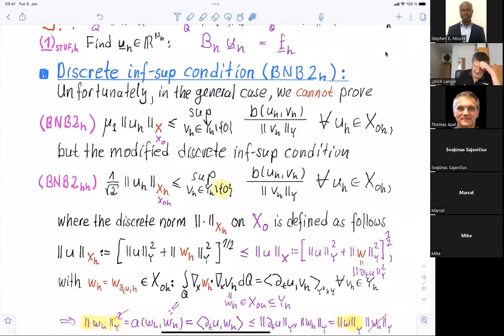So we replaced this norm by this norm. So the open question is whether this also holds for this norm. What is this norm? The discrete norm X_h is the norm of Y as usual. And here we would have the norm of a time derivative of u in Y star.